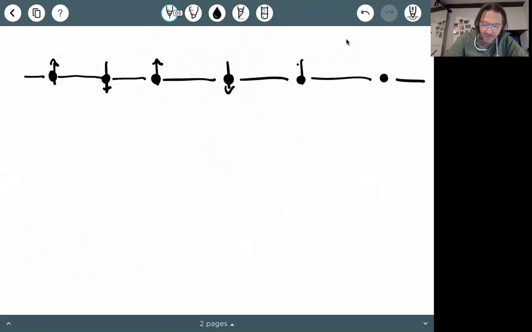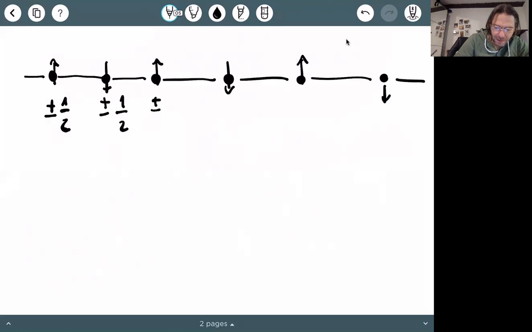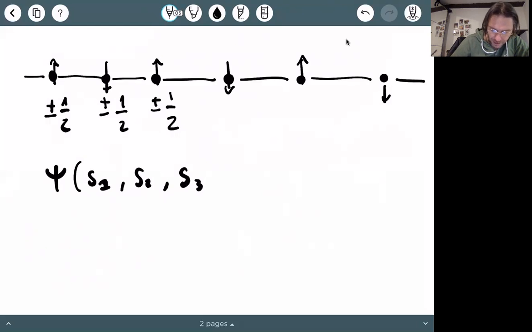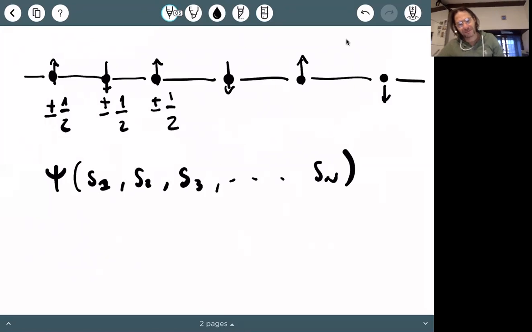So I have only a two-dimensional vector space for each particle, right? So this can be plus minus 1/2, and that's it. This can be plus minus 1/2. This can be plus minus 1/2. So in this very simple case, the wave function is just a collection of spins, a probability to have any of these configurations.